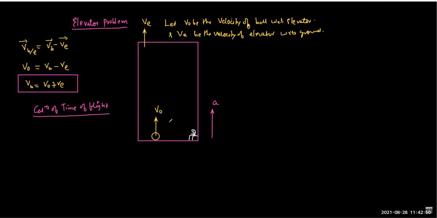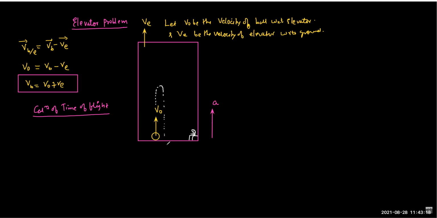For this fellow, what is the velocity of the ball with which it is projected? The answer is only V naught. Why? Because he cannot see V E. V E is the same for the ball and for the person sitting in the elevator. So for him, the ball will go up, and will just come down.